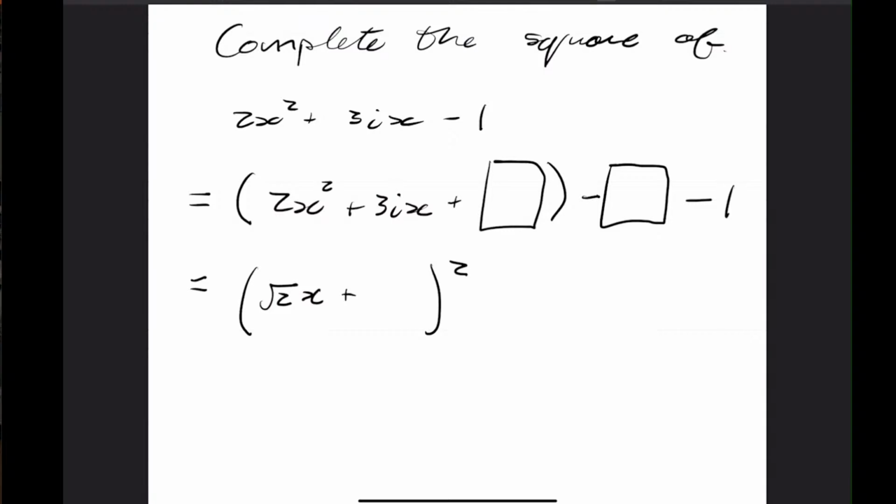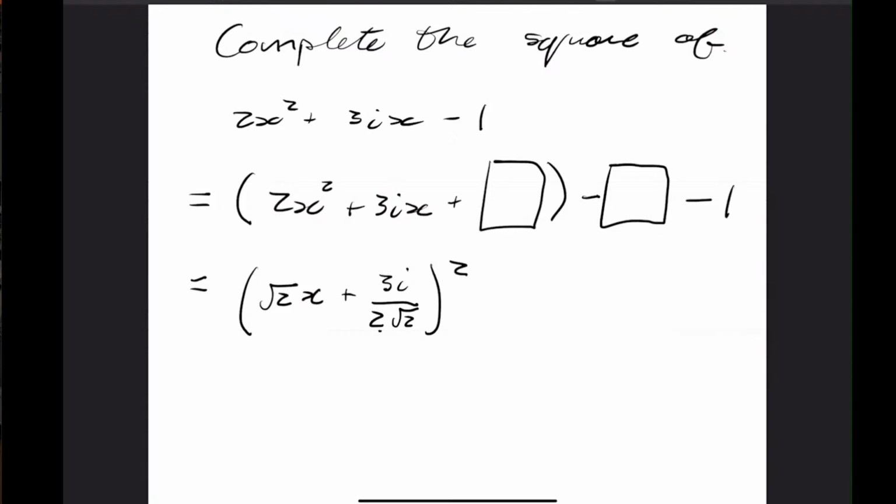So what should we have? We should have a 3i, and we should get rid of the square root of 2, and when we multiply by 2, we should get 3i. So that is what we're looking for, 3i over 2 square root of 2.